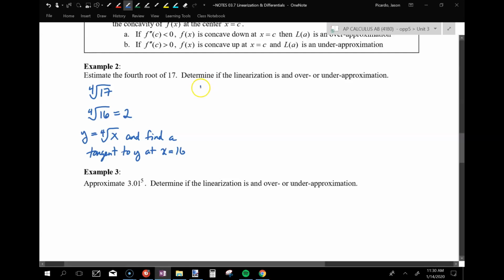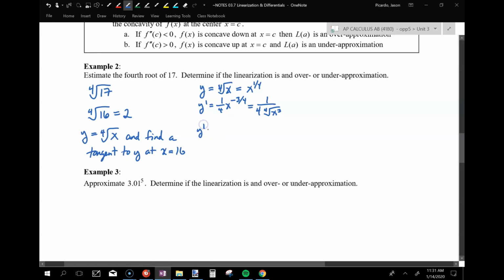All right, so my first derivative is this. If I want to make it look pretty, all right, we got that.